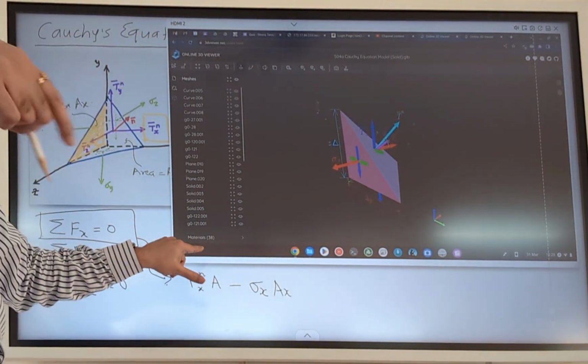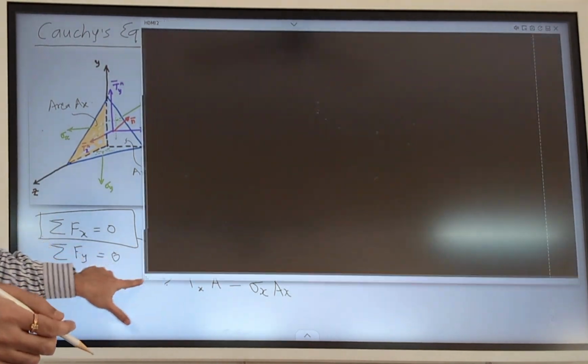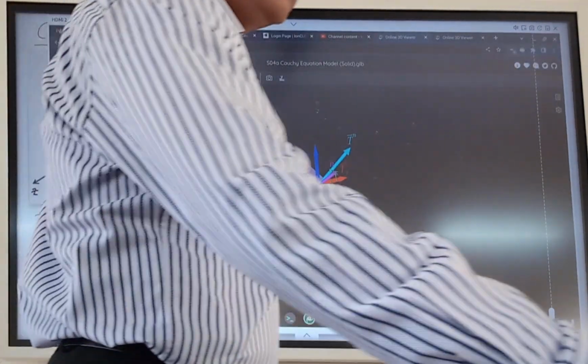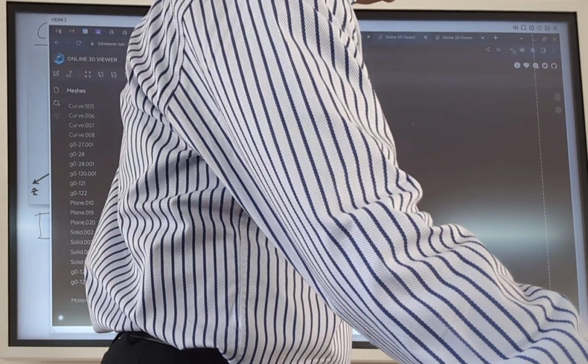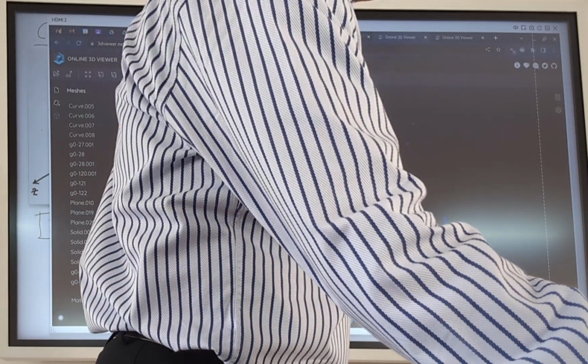Now let's move to the y face. So y face is the green face.